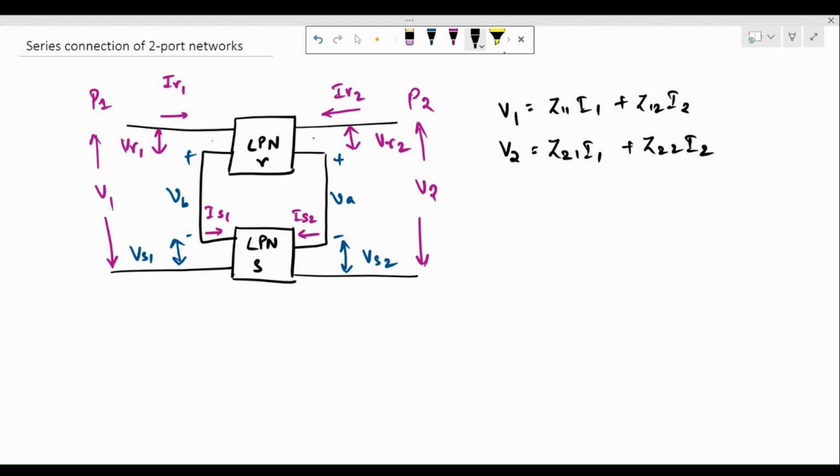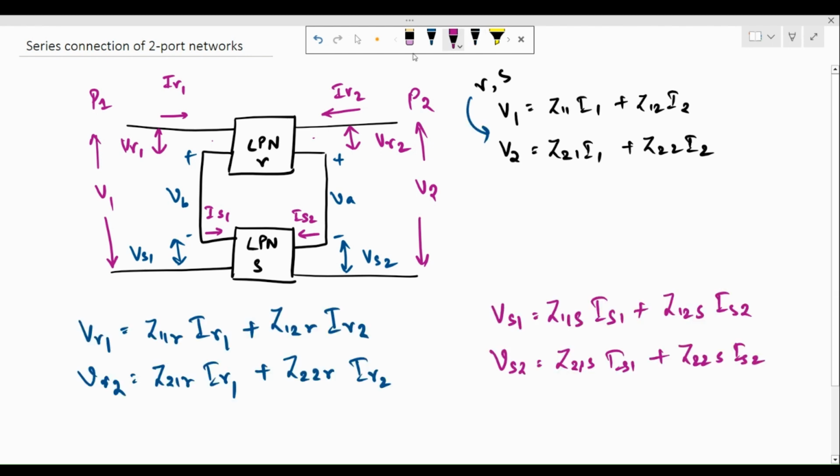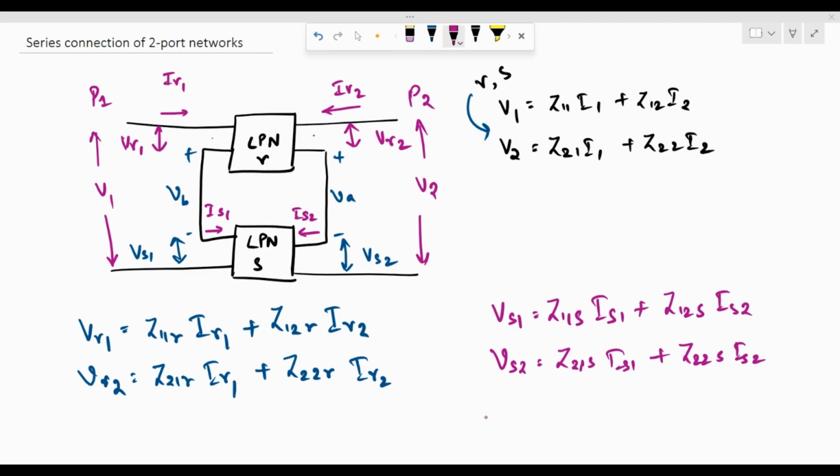Now this is going to be applicable for both network R as well as network S. So having said that, I'm just going to use the subscript R for the parameters related to network R and subscript S for the parameters related to network S. So when I do that, I'm going to get these set of four equations. The ones written in blue are for the linear passive network R, and the ones written in purple are for the linear passive network S.